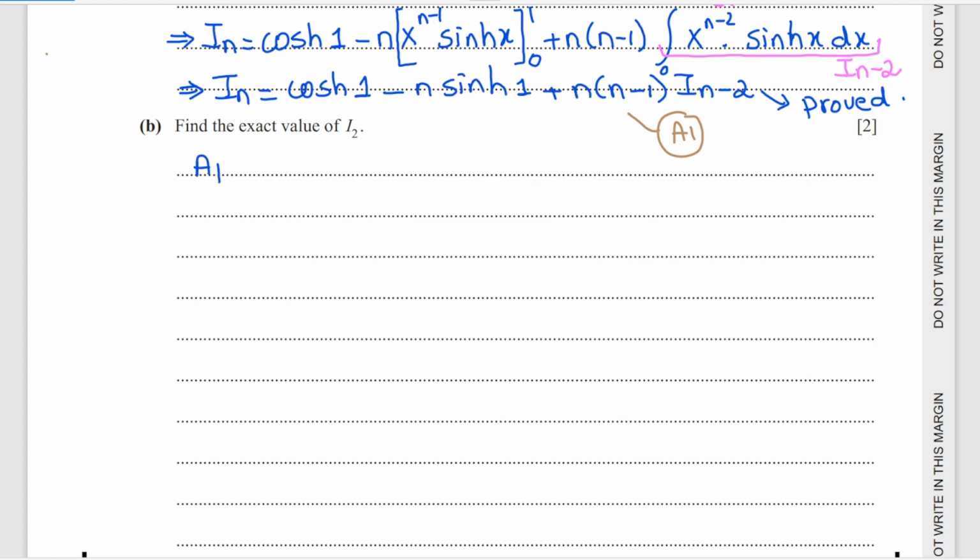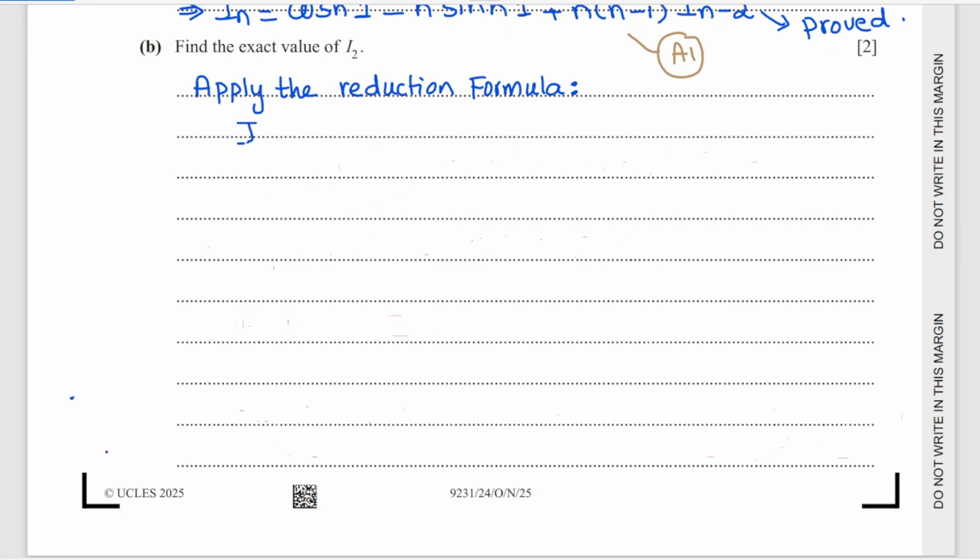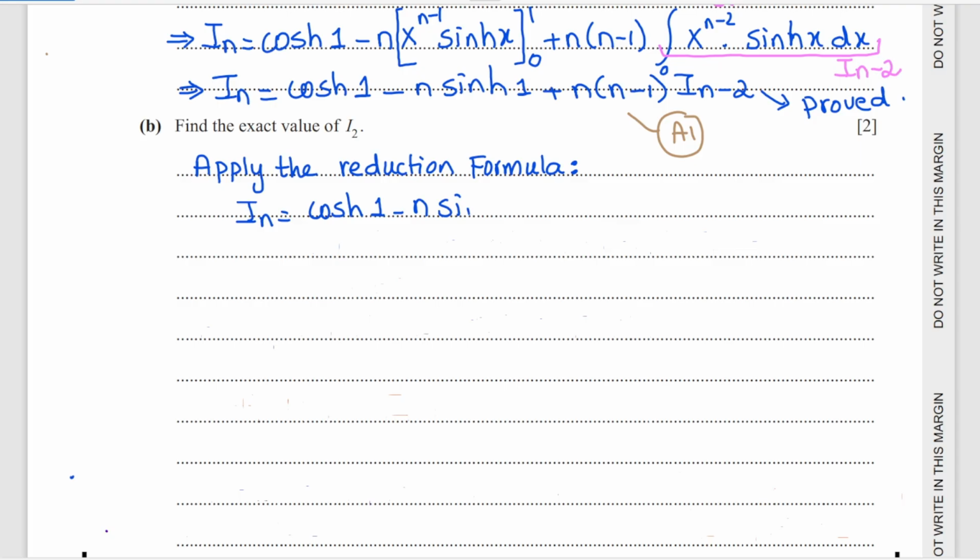In part B here, they asked us about finding I_2. This part is straightforward because we've already done the hard work in part A. We just apply the reduction formula. So I_n equals cosh 1 minus n sinh 1, plus the last term.